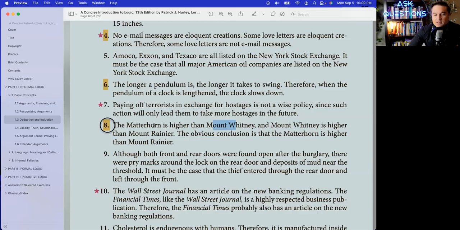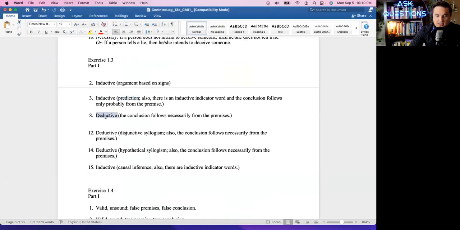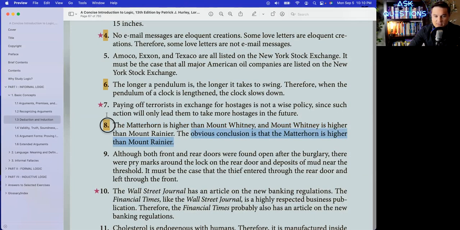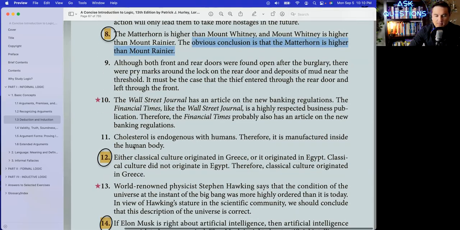But this is a deductive argument, because if we assume for the sake of argument that this is true, then this conclusion would be obvious. The conclusion follows necessarily from the premises. So if you grant the premises, then the conclusion has to follow. That is a deductive argument, and a special one that we'll say is valid. Okay, I hope that made sense.